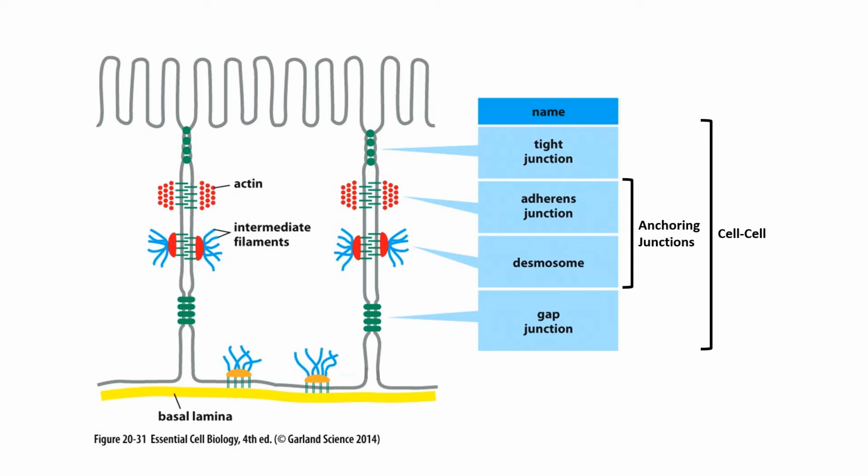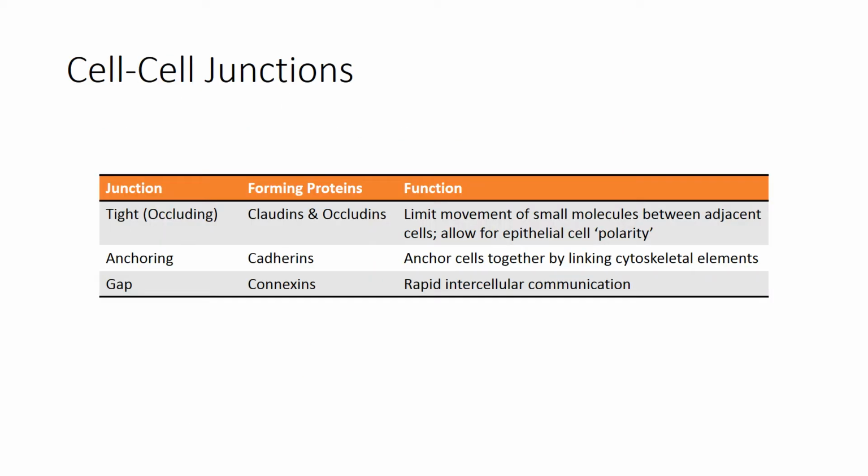Finally, there are gap junctions that create channels or pores between adjacent cells such that small molecular weight water-soluble molecules can freely pass between adjacent cells, allowing for very rapid communication without involving release of communication molecules into the extracellular space. This table summarizes the types of junctions as well as the proteins involved in forming them and briefly describes the function of each type.